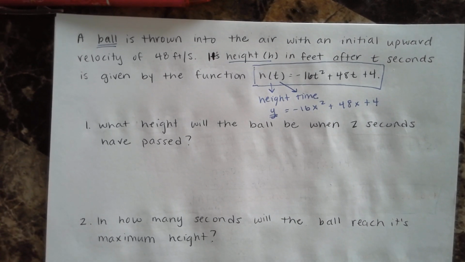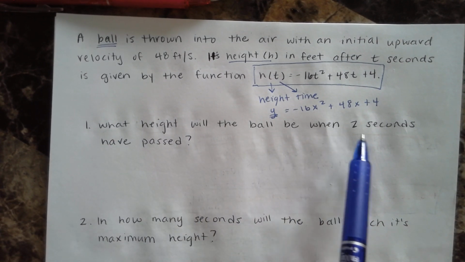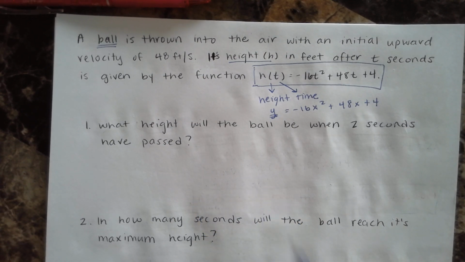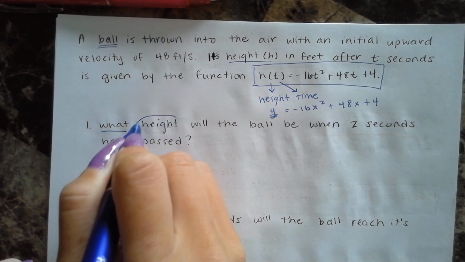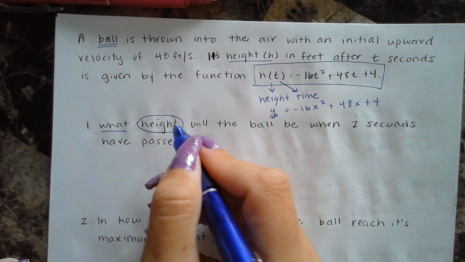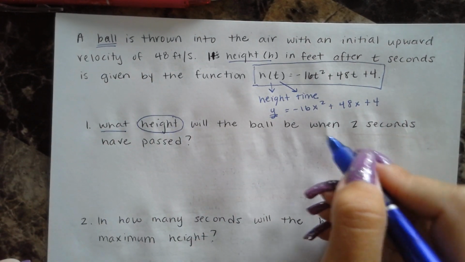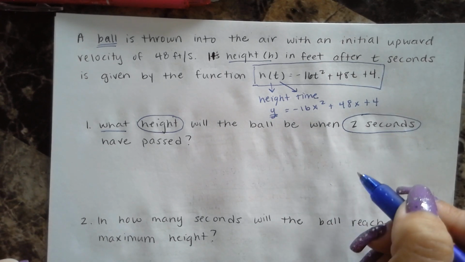Now, let's get into the actual question. So number 1, what height will the ball be when 2 seconds have passed? Okay, so what are they asking us? What height, or how high, will the ball be when 2 seconds have passed? 2 seconds.